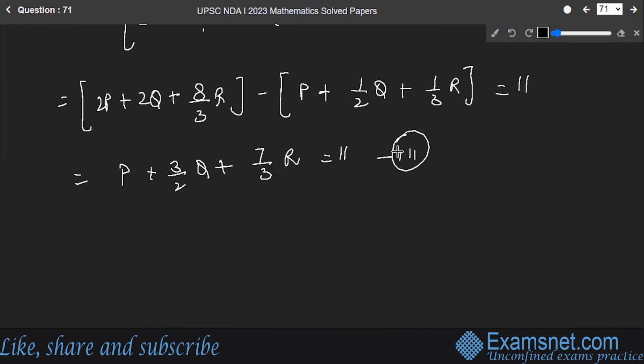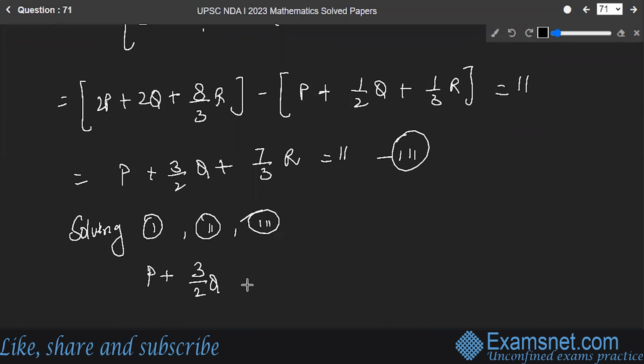I have 3 variables and I have 3 equations. So now let's solve 1 and 2 and 3. When you solve 1, 2 and 3, you will get p plus 3 by 2 q plus 7 by 3 r is, oh sorry, this was the 1.